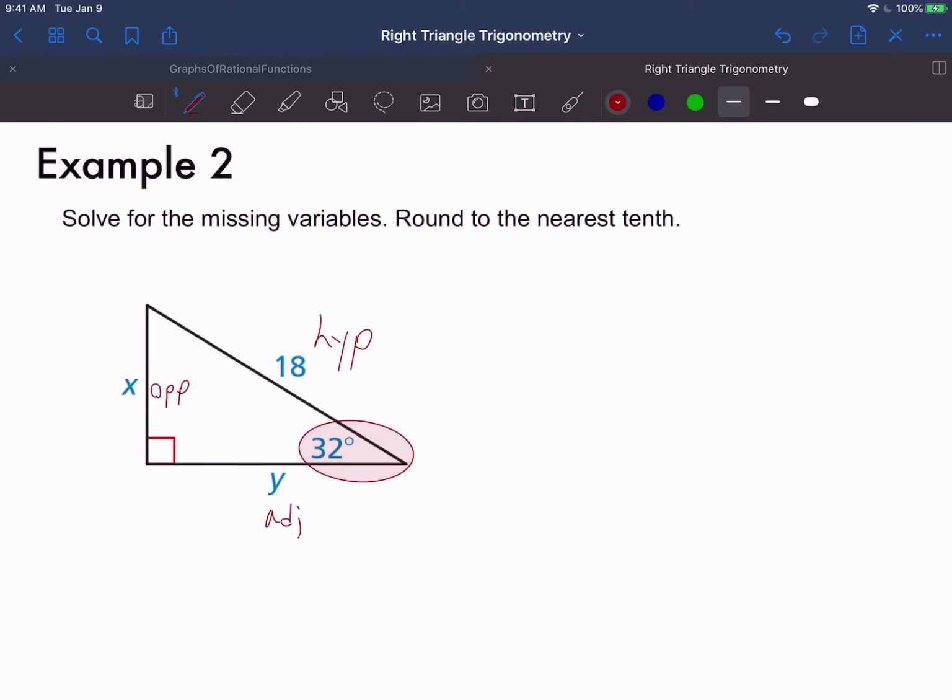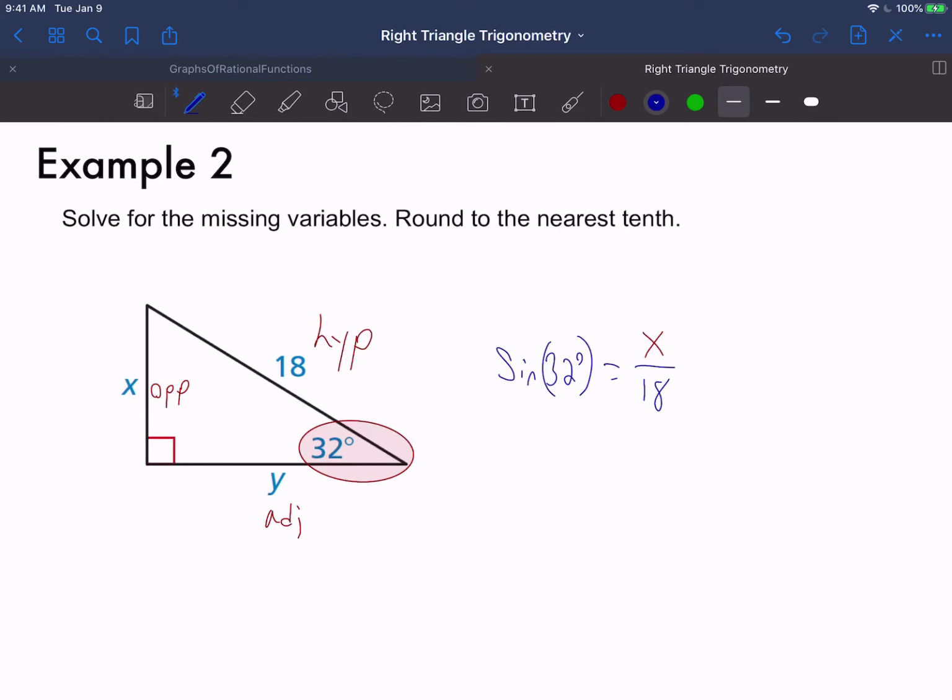So the relationship that we know here is that the sine of 32 is equal to x over 18.